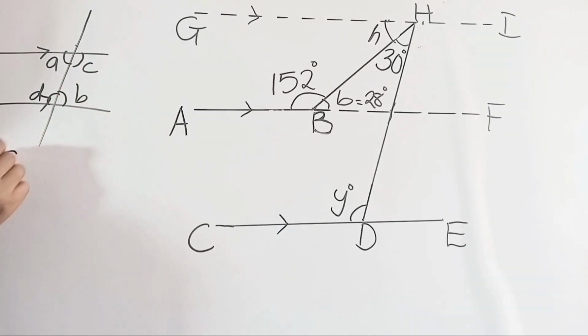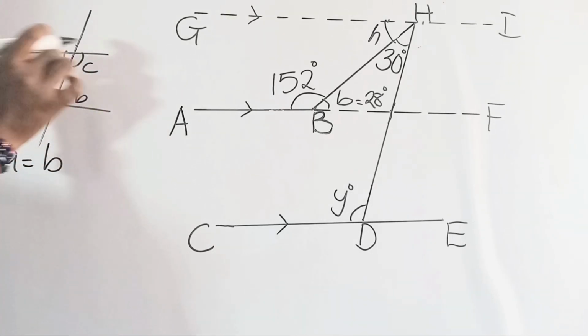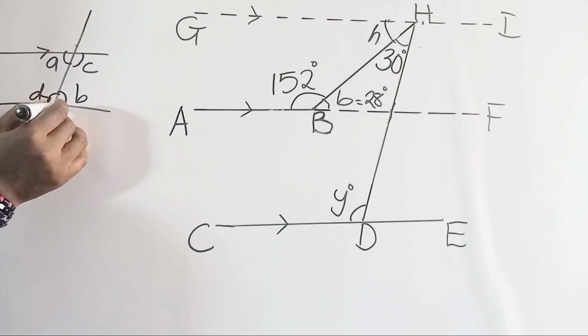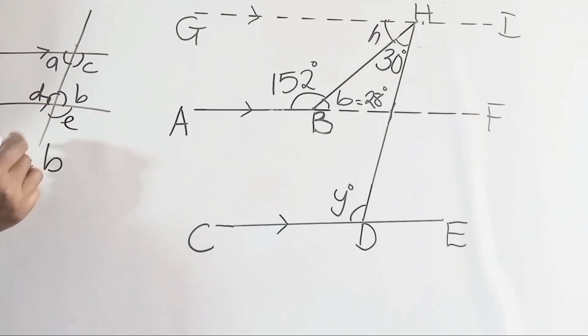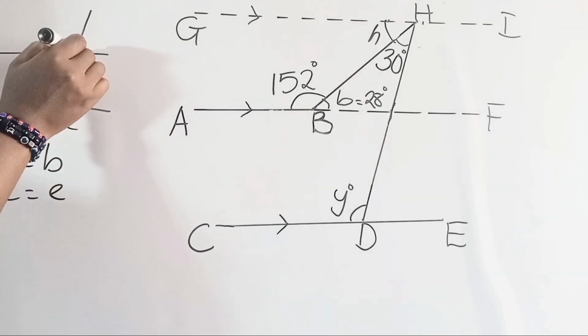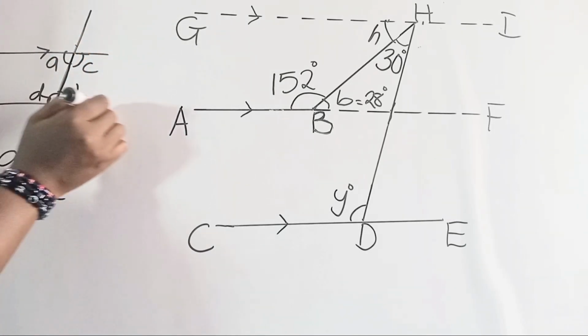The relationship that exists between these angles on parallel lines is this. Angle A is equal to angle B, because they are alternate angles, or you call them the Z angles. Also, if I call this angle E, angle C is equal to angle E because they are corresponding angles, or the F angle.